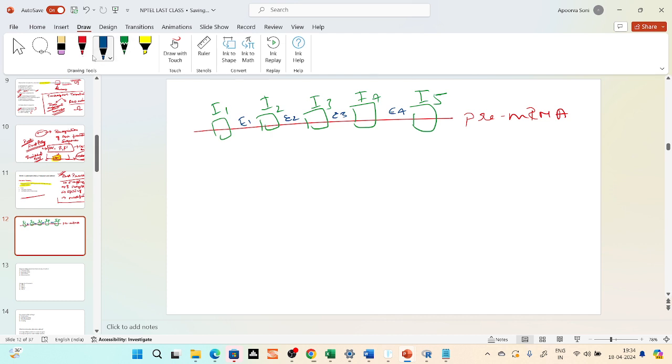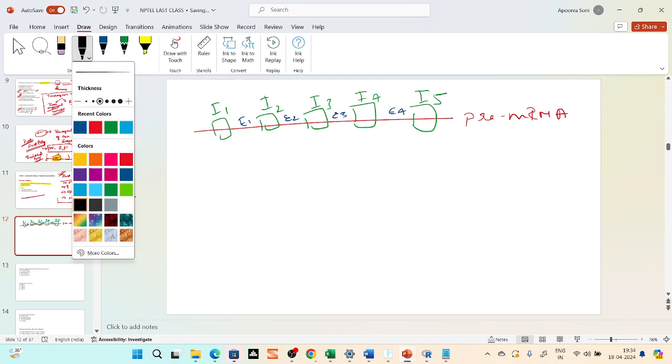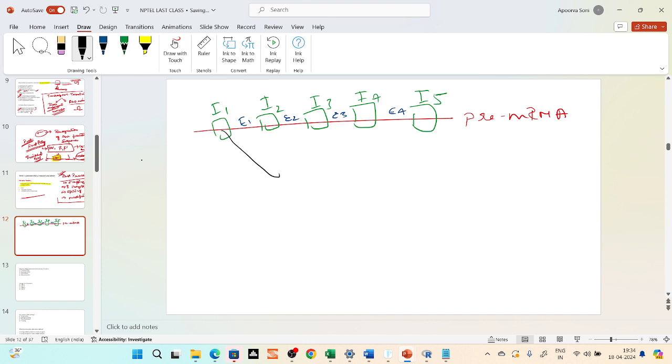Now, when splicing is happening, splicing can happen in many ways. What is the meaning of many ways? Introns have to be removed. If this intron is removed, and this intron is removed, and this intron is removed, we have E1 combined to E2 combined to E3.